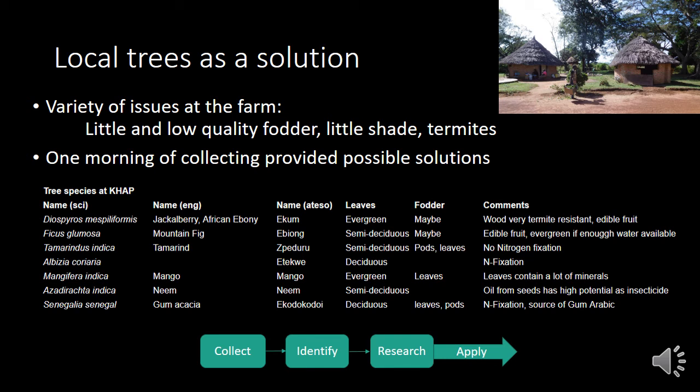Same goes for the other species. There were nitrogen fixers that also had edible leaves that the cows could chew on. There were trees that were evergreen, so that they could provide shade for the cows, and so the local biodiversity kind of held the key to getting a more circular, a better system going there.